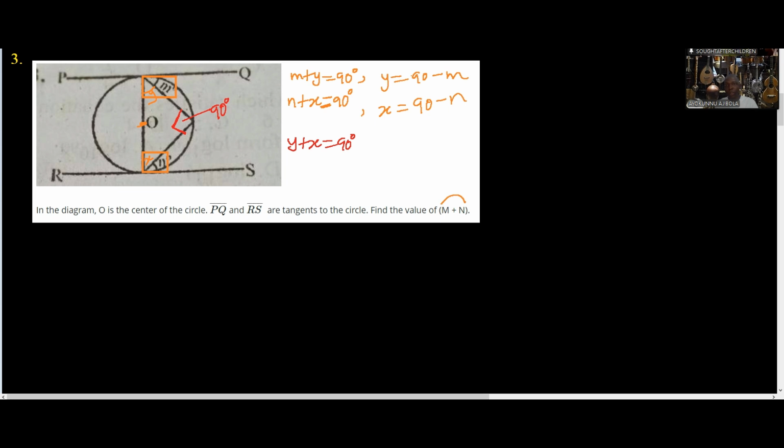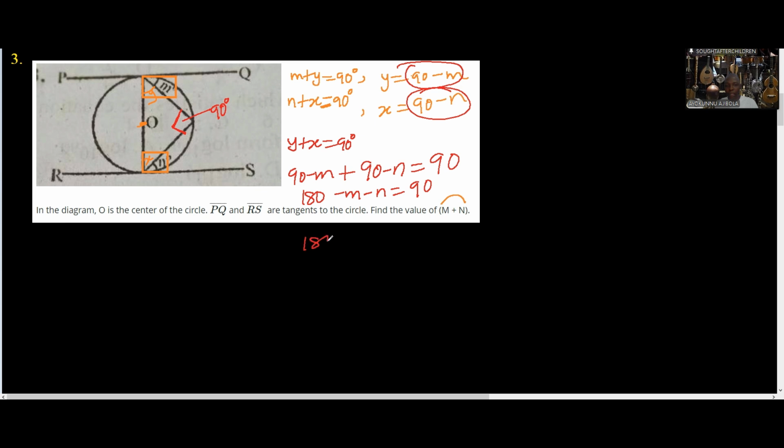So then we are permitted to add the value of y and the value of x to give us 90 degrees. So since y is 90 minus m and x is also 90 minus n, adding them is also going to be 90. Then we can say 90 plus 90 is 180 minus m minus n equal to 90.